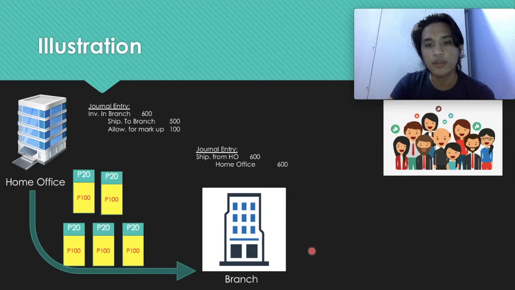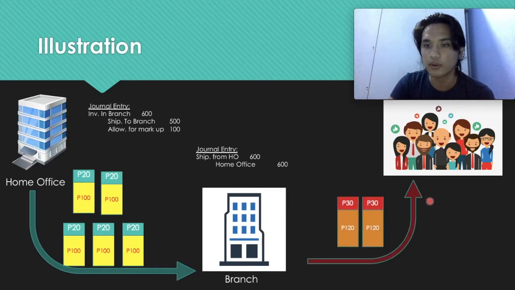Now, when the branch sells it to external customers, for example, the branch sold 2 units. There were five, and it sold 2 units. So of course, the branch, because it is still a business, will still add another markup for it to earn income.